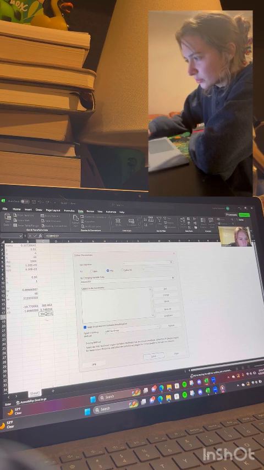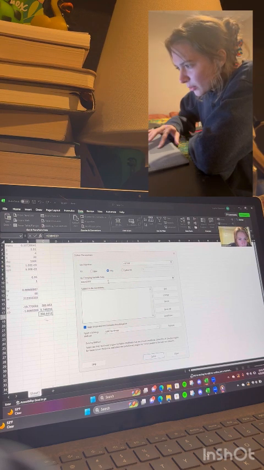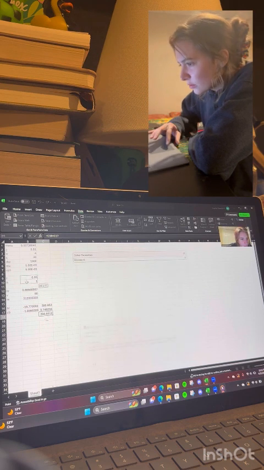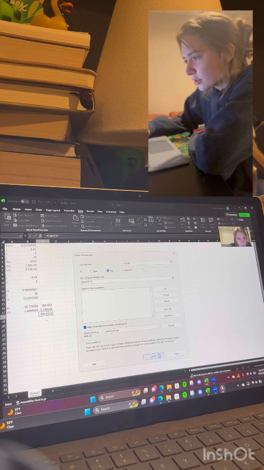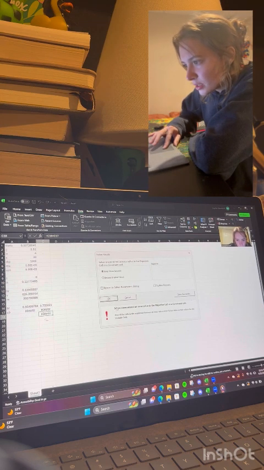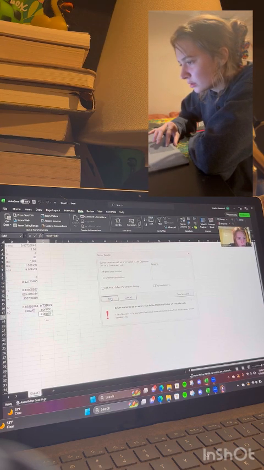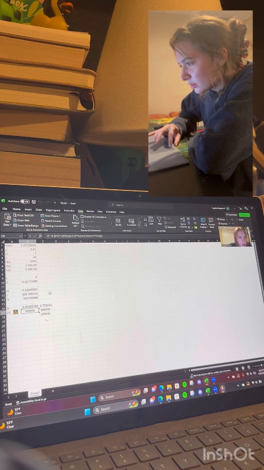Oh, except it's not that one anymore. It equals this guy, and then it's not this one anymore. It's these two. All right, let's see if this works.